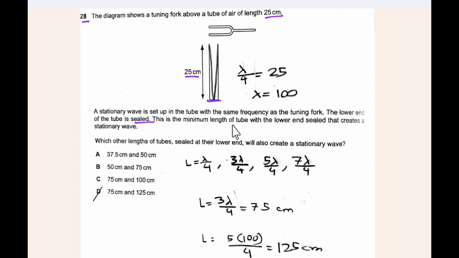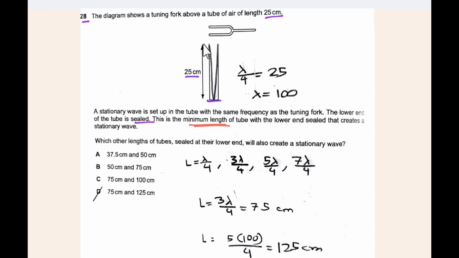This is the minimum length of the tube with the lower end sealed that creates a stationary wave. What are the other lengths of the tube, sealed at the lower end, that will also create a stationary wave?